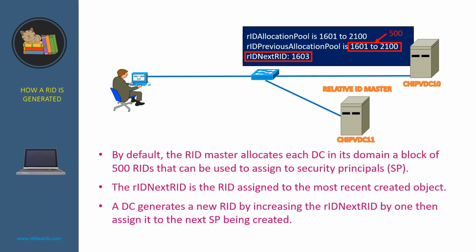A DC generates a new relative ID by increasing the RID next RID by 1, then assigns it to the next security principal being created. For example, if we create a new security principal object on GPVDC10, the object will be assigned the relative ID of 1604.